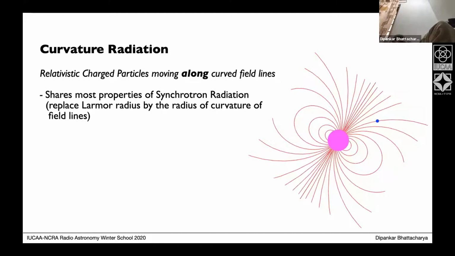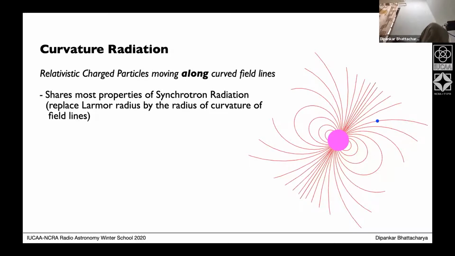Now, if the magnetic field happens to be curved, then this curvature also produces an acceleration of the electron, because the electron is forced to move along the curved magnetic field. And this will also produce radiation because of that acceleration. This is called curvature radiation.